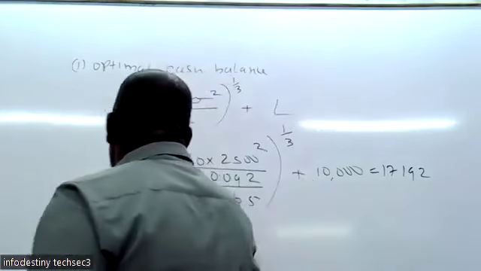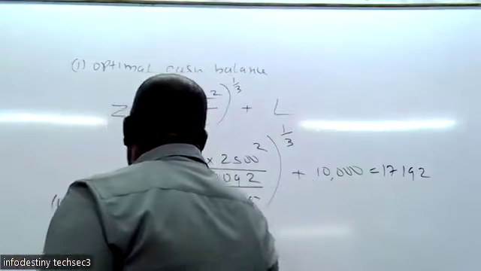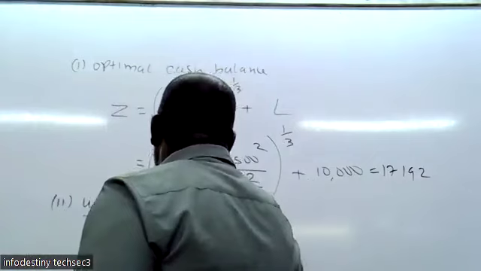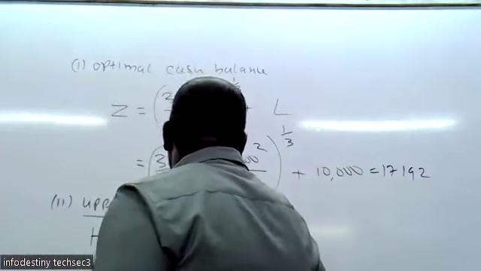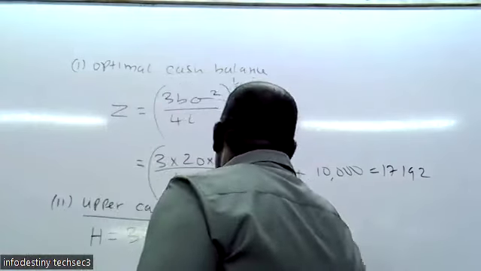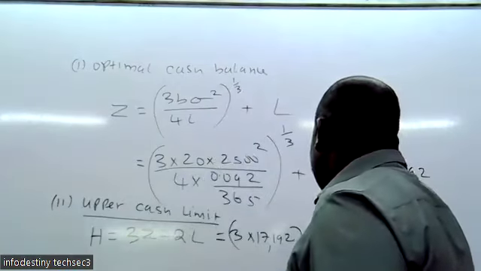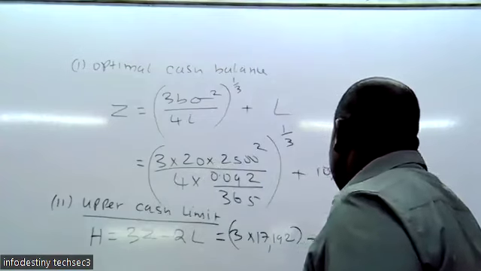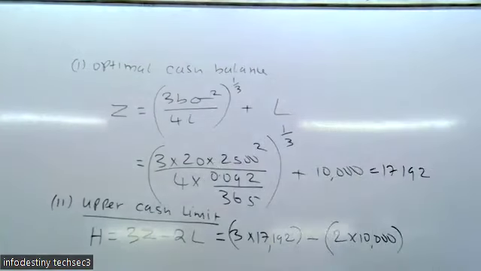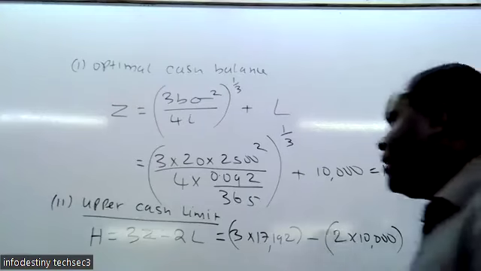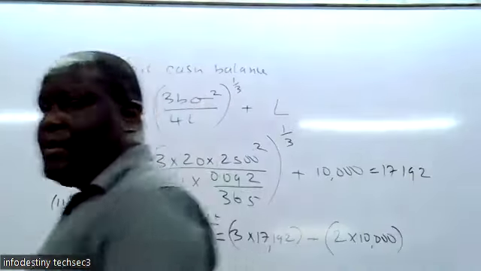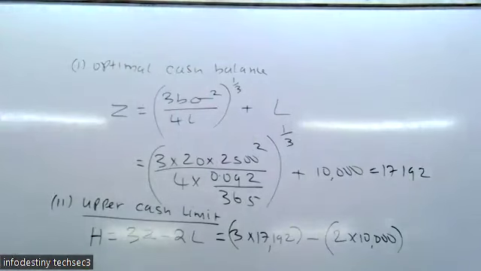So this will be the same as 3 times Z. Z is what you got as 17,192. Then you minus 2L. L is the minimum cash balance, which is 10,000. So that should now be able to give you the upper cash limit.